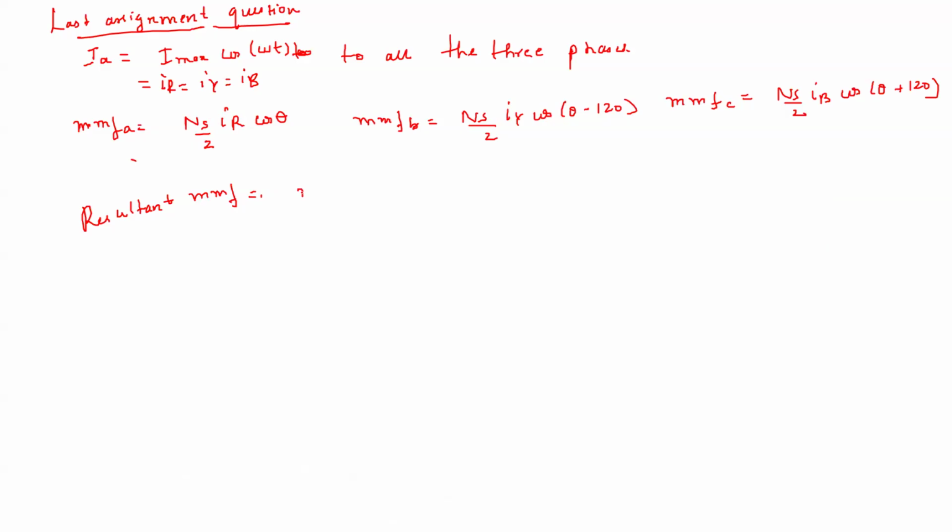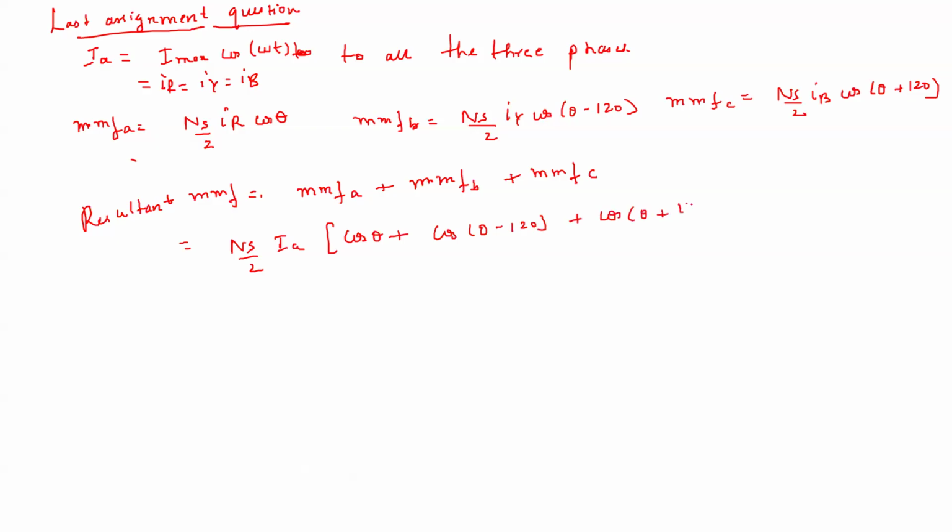The resultant MMF is MMF A plus MMF B plus MMF C. So this will be Ns by 2, and the current is the same for all, so I'm writing IA times cos theta plus cos theta minus 120 plus cos theta plus 120, because IR is equal to IY is equal to IA.